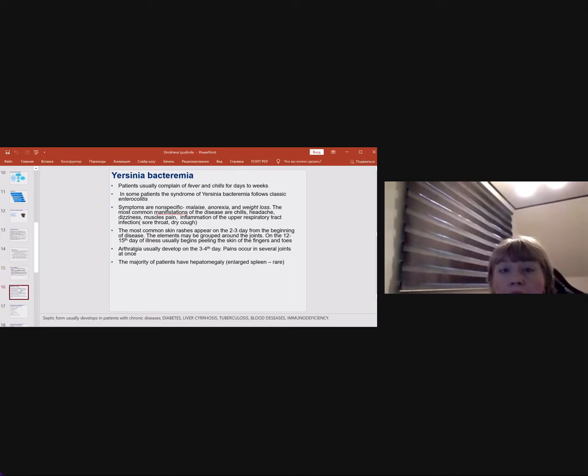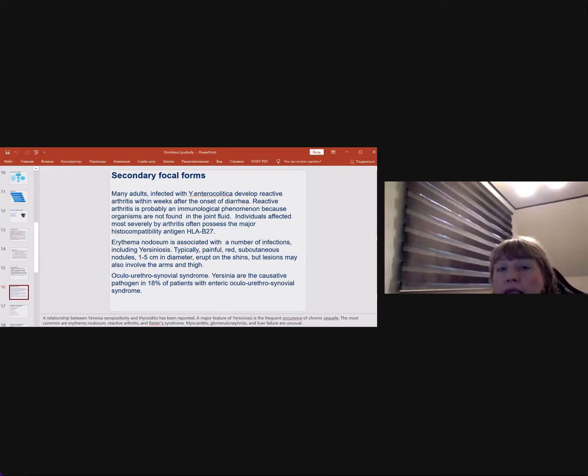The next, doctors, the secondary focal forms of Yersiniosis. Many adults infected with Yersinia enterocolitica develop reactive arthritis within weeks after the onset of diarrhea.